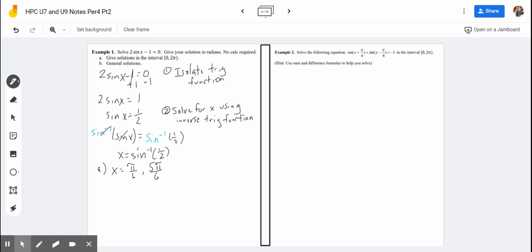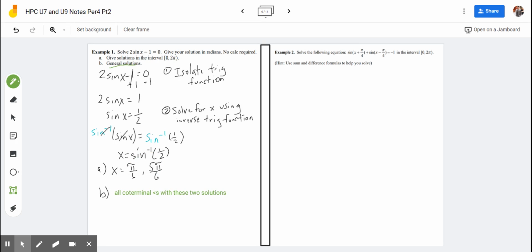And then the general solutions basically means what are all of the possible solutions that we would have. So remember the sine function, if we were to graph it, it follows that sine curve, and we can continue to hit every 2 pi units after these first two answers, and that's exactly how we're going to write it up. Basically, the general solutions for a trig equation are all the coterminal angles with your initial solutions.